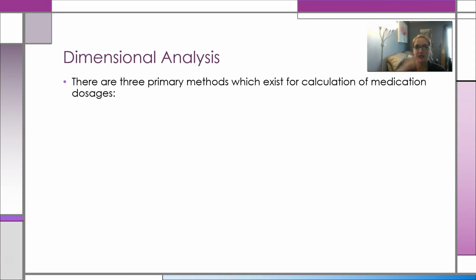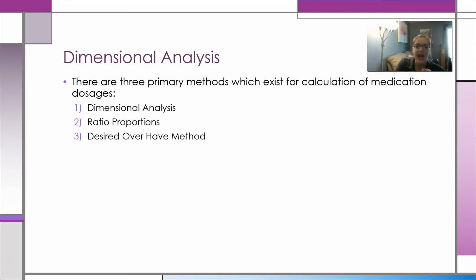So dimensional analysis is one of the three primary methods which exist for calculation of medication dosages. You may be familiar with some of the other ones. The first one is dimensional analysis. You may have done ratio proportions. This is where you're cross multiplying. That may be familiar to you. And desired over have method.